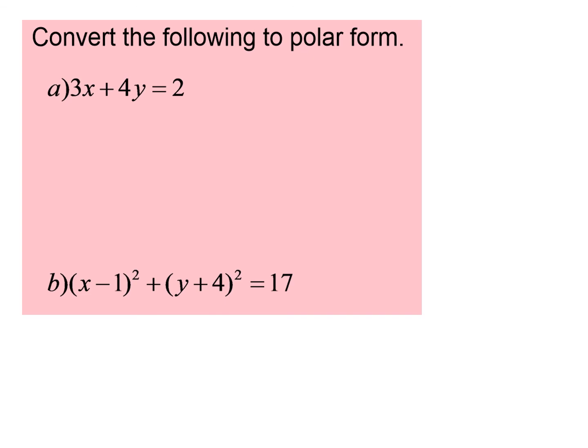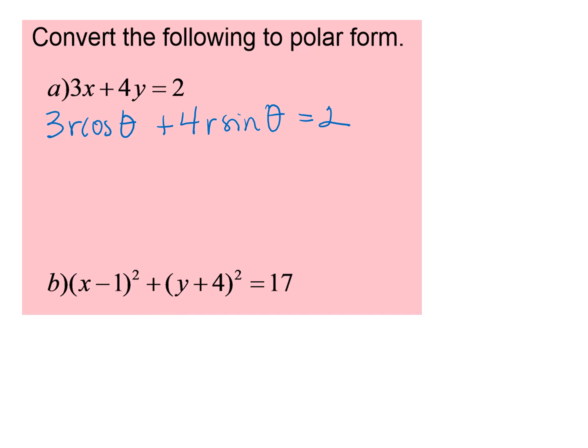It asks us, in this case, to do the opposite. They're giving us rectangular equations, and they want us to put these into polar form. So we're going to start out with 3. And in place of x, we know x is r cosine theta. And in place of y, we know that is equal to r sine theta. And if we think about Desmos, to type an equation in, it has to be in the form r equals.